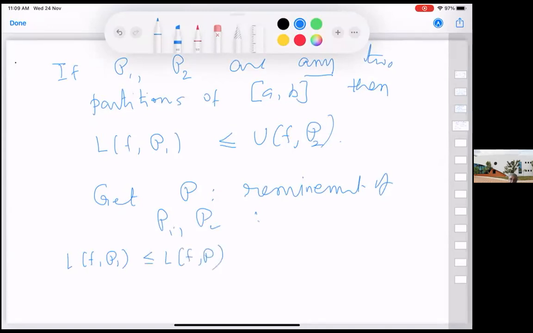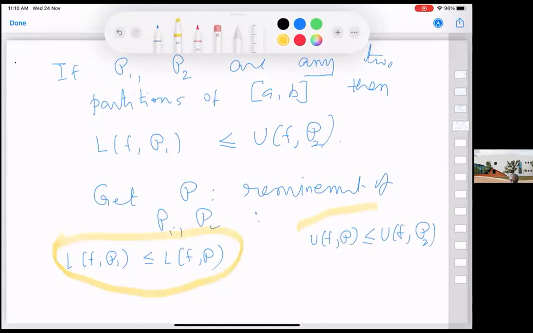Then the lower bound for P1 will be less than or equal to the lower bound for P. As we had said, when we refine the partitions, lower bounds go up, upper bounds come down. So these two are things which we had noted. And once the partition is the same, namely P, LFP is less than or equal to UFP.